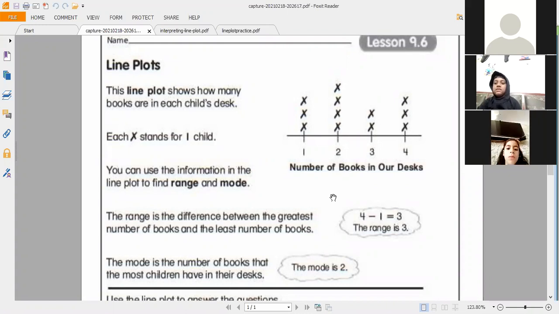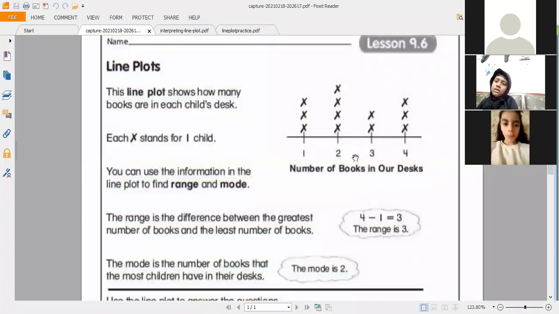Yes. How many children have one book? One book. Can you tell us again? We said that the numbers below refer to the objects, the book, the desk, the animals, anything not alive, anything other than people.